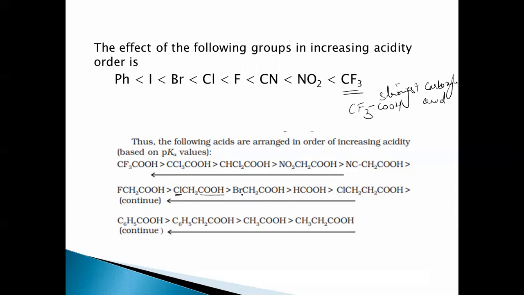Then comes bromo here, chloro after bromo, because chlorine is more electronegative. Then again, as the distance increases, acidity is decreasing here because the inductive effect decreases here, right? Then comes benzoic acid. Then we have finally the acetic acid, and here propanoic acid, right?